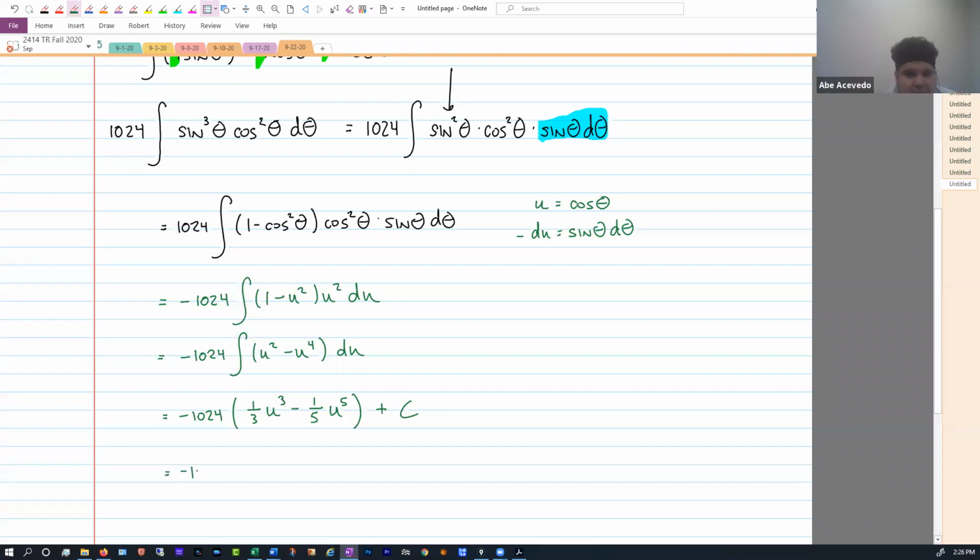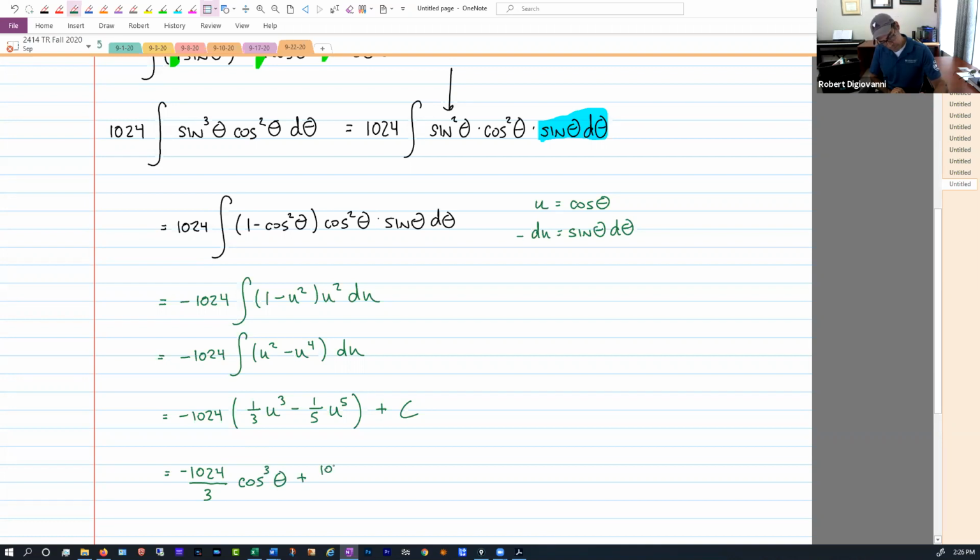Cosine theta, right? Let's distribute that through. Let's distribute the negative 1024 through. I've got some negative negatives that became positive there.